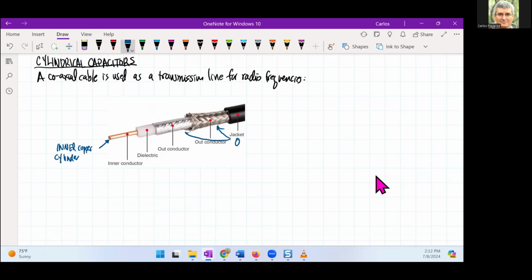This is the outer cylinder, which also acts as a Faraday cage.